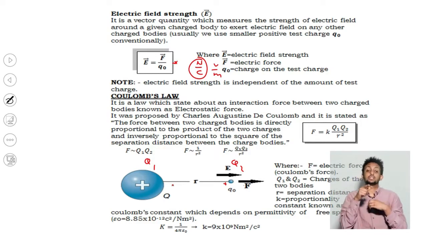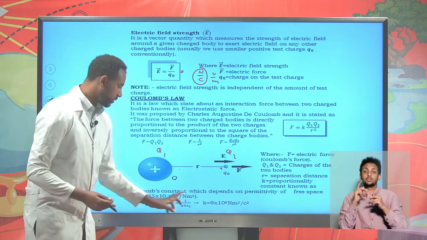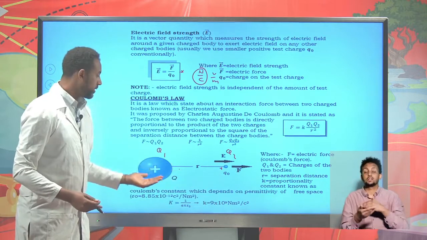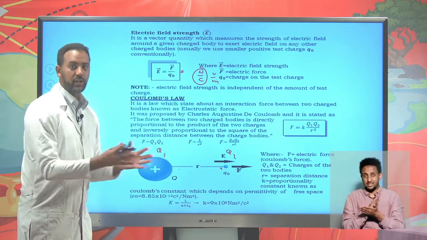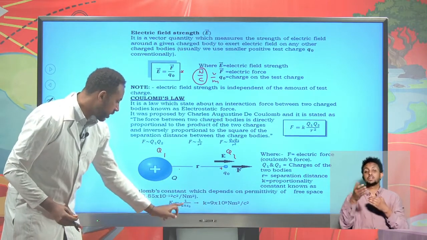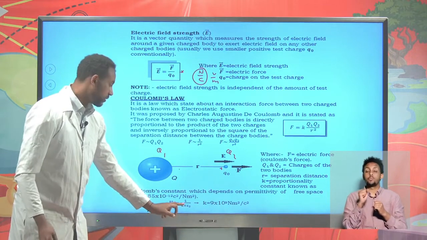Coulomb's constant depends on the permittivity of free space, which allows charge interaction. It can be expressed as 1 over 4 pi epsilon naught, where epsilon naught is the permittivity of free space.